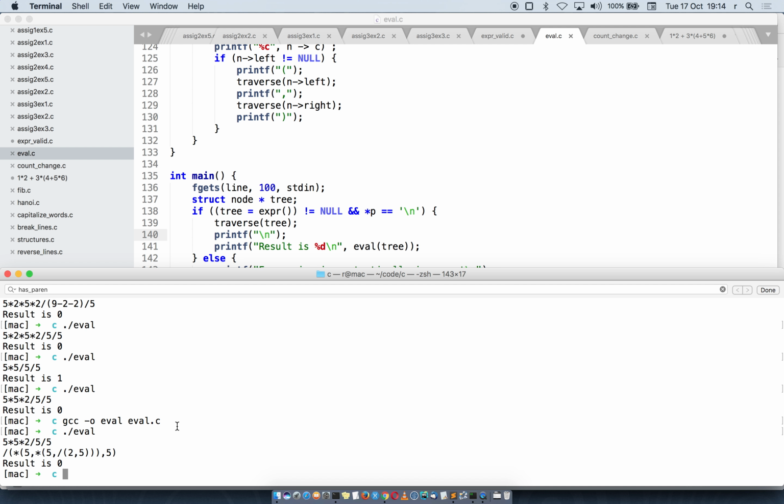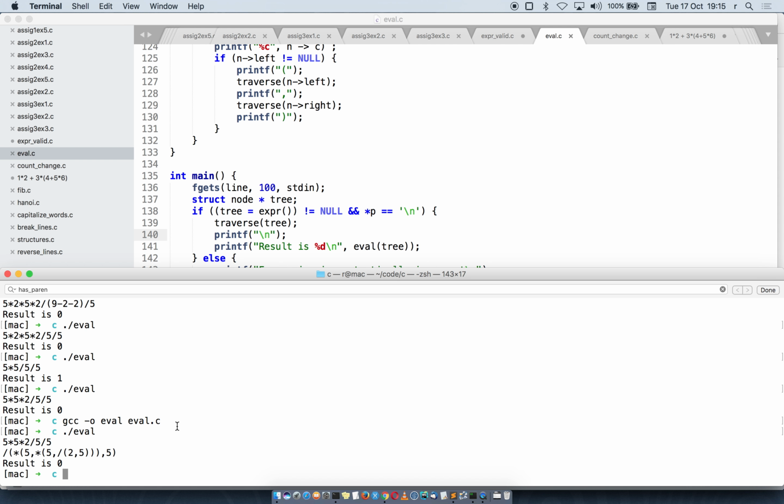Which means that there's something wrong with our rotation, right? Our tree should be division 5, division here 5, star.